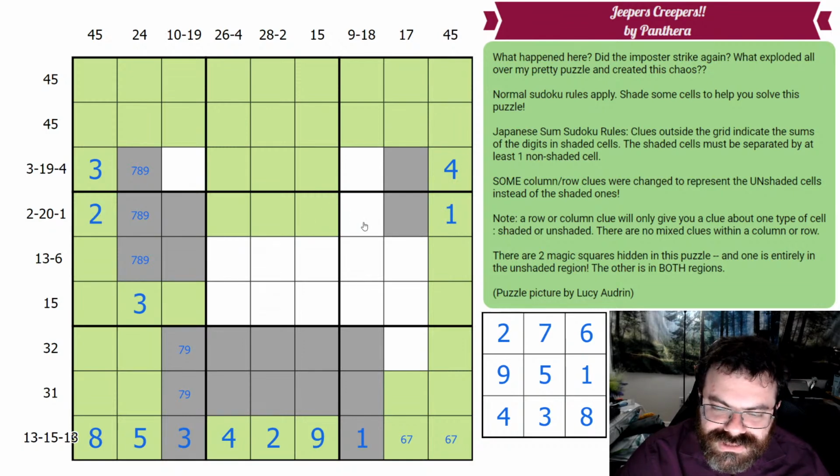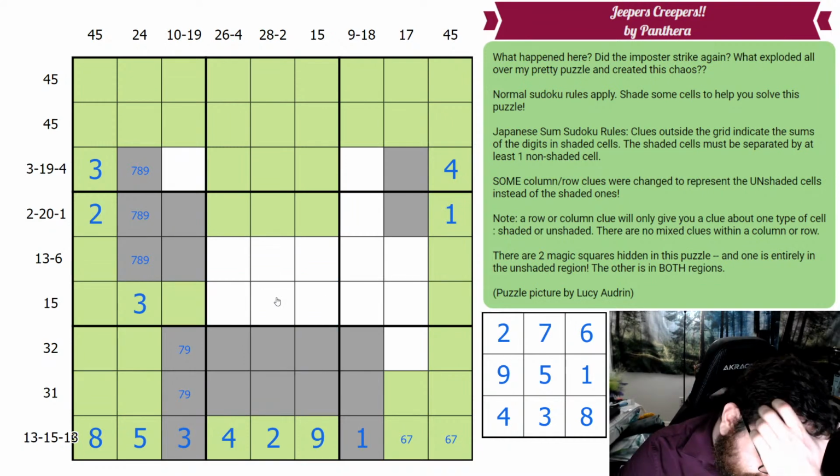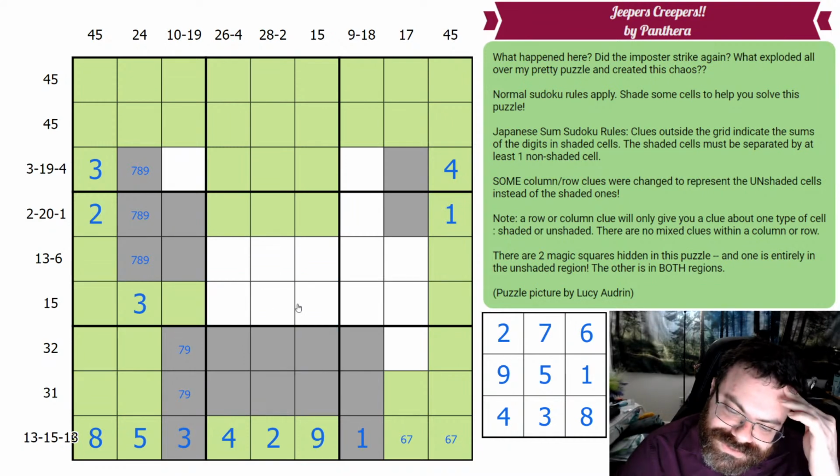Can't overlap too much with column 7. All signs point to this being a magic square. This adds to 30. This would add to 15. This would add to 15. Oh, but how do I prove it?